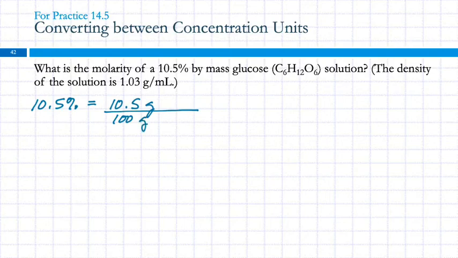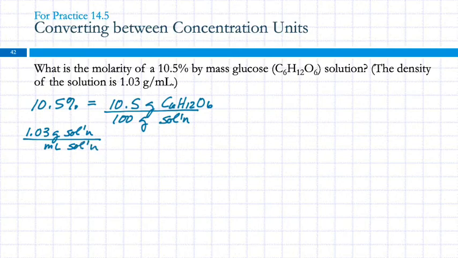And that would be grams of glucose, C6H12O6, per 100 grams of solution. And we have a density. The density is 1.03 grams per milliliter. That's the density of the solution, so that's grams of solution divided by volume of solution.